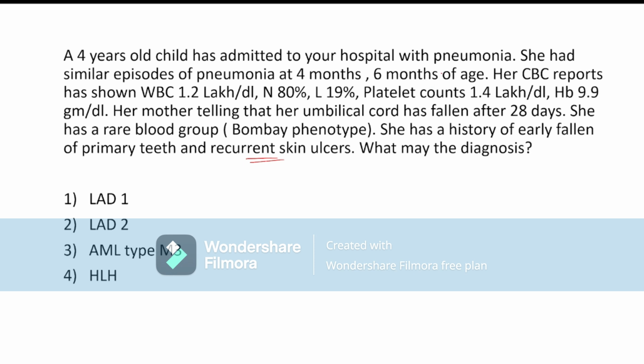That means recurrent infection occurs in this child and the WBC count is also high, and there is a typical history of delayed cord fall more than 28 days, and there is a rare blood group, that is Bombay blood group, and there is early fall of primary teeth. That means the child is suffering from some primary immunodeficiency, and this is a typical history of a patient who is suffering from LAD2 deficiency.